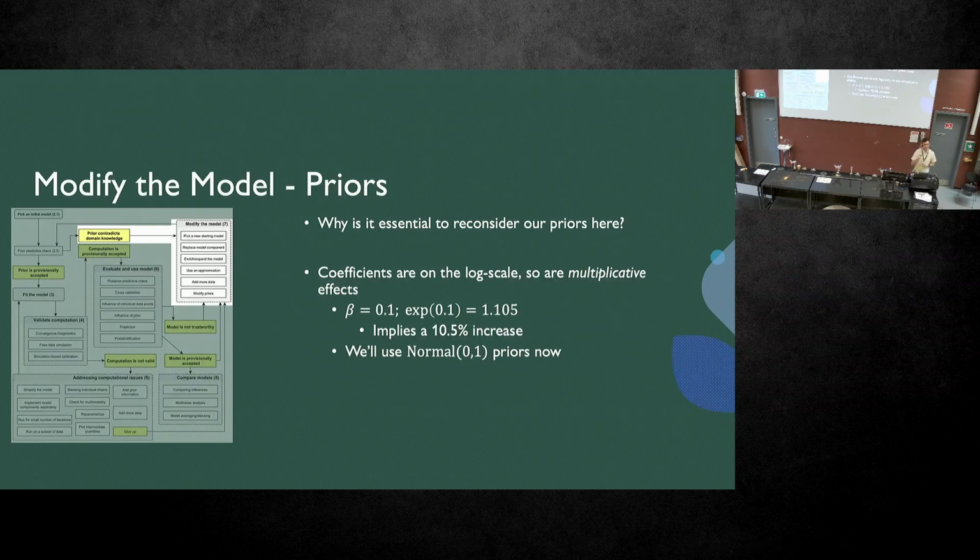These are multiplicative effects, not additive. So a much smaller value now, for example a log value of 0.1, once we exponentiate it, goes to 1.1, which implies a 10% increase as opposed to a plus 1.1 change. So these are multiplicative effects.